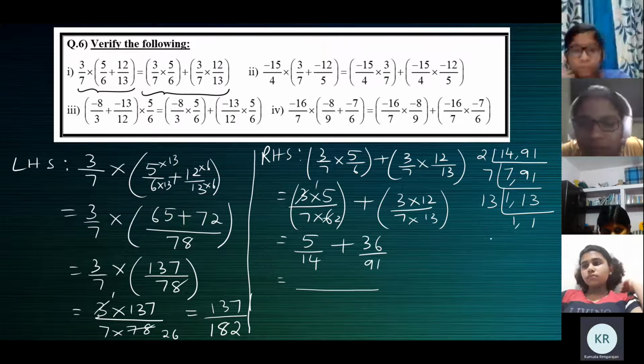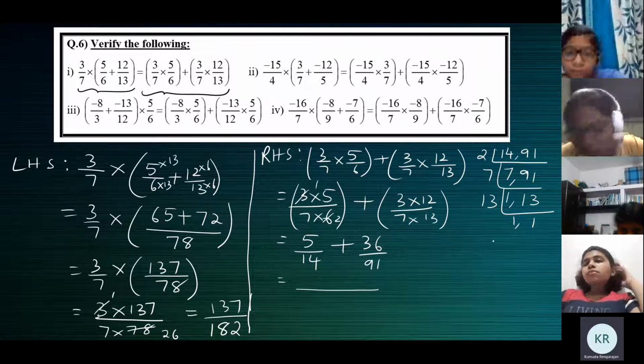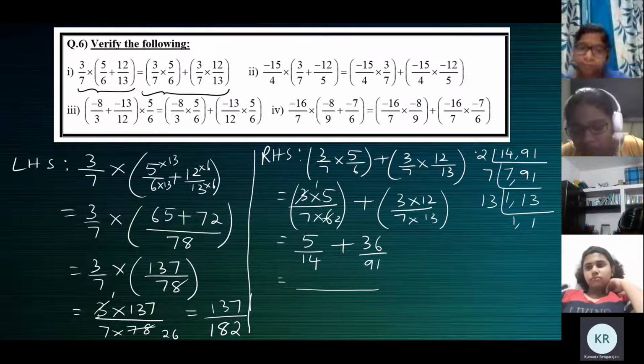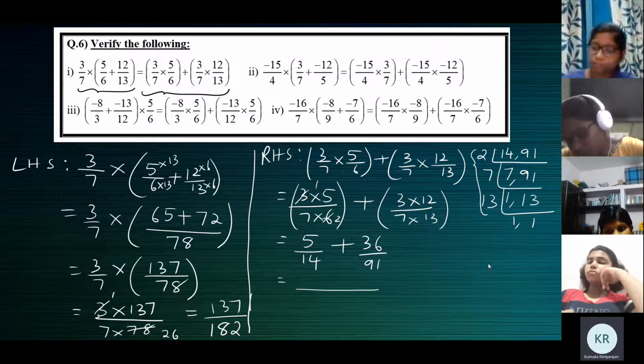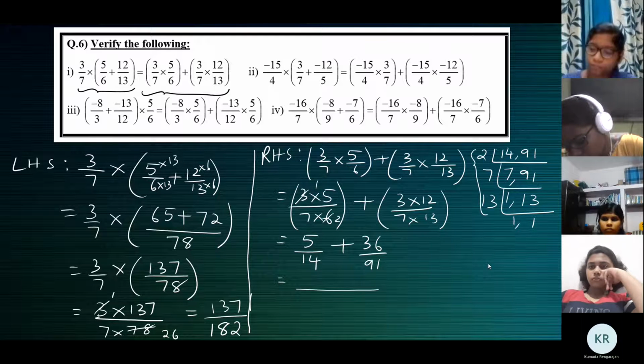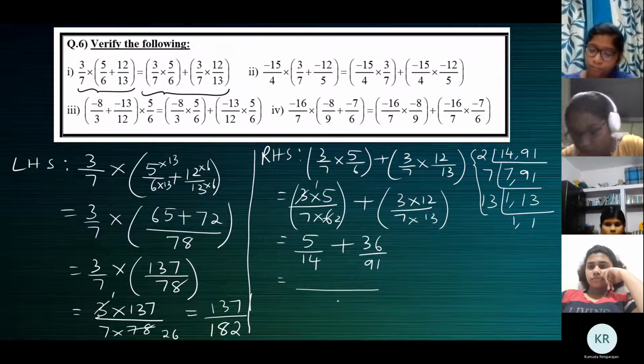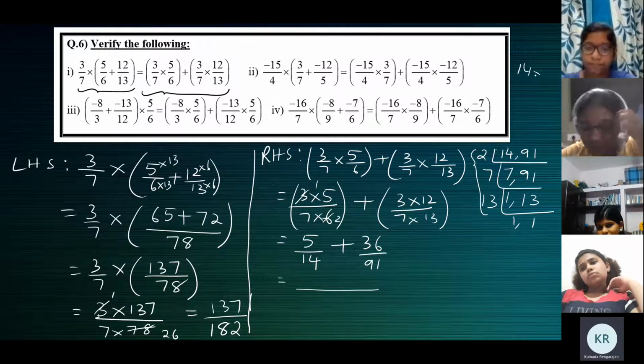Now the product 13 into 7 into 2, or 13 into 14, is the LCM. 13 into 14, meaning whatever number you see here. What is 14 into 13? Yes, children, what is 14 into 13?